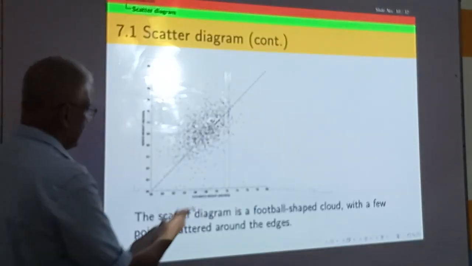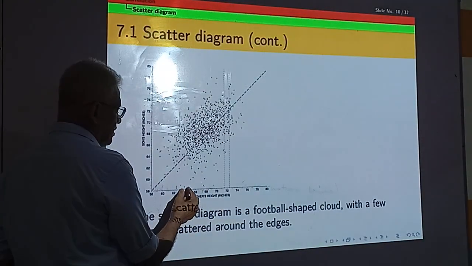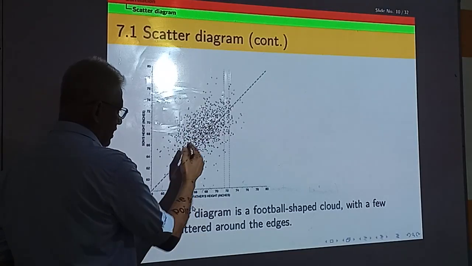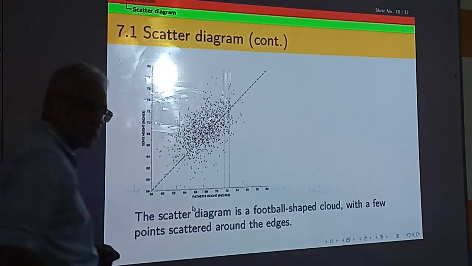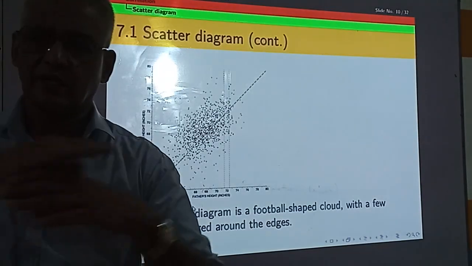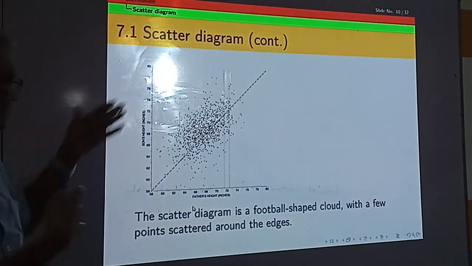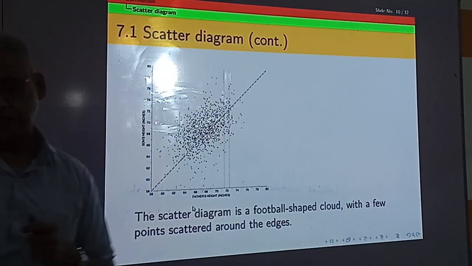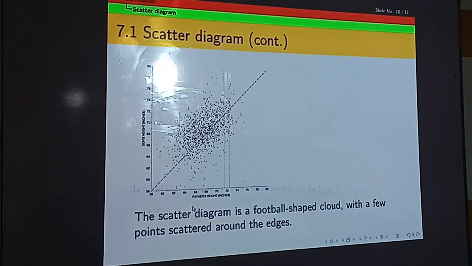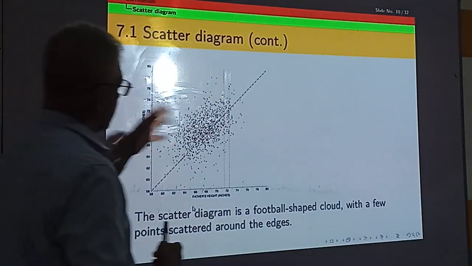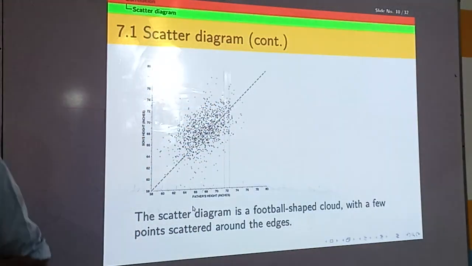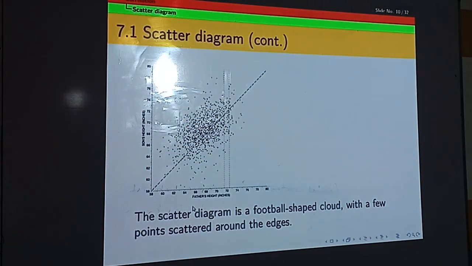Right? But if you consider some other range for the fathers, for example this one, their heights are in some other range. So you can see that the shape, and therefore the range and the distribution of the son's height, depends on the father's height. Right? So you can look at all those different things using a scatter diagram.